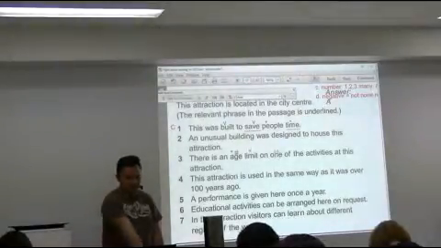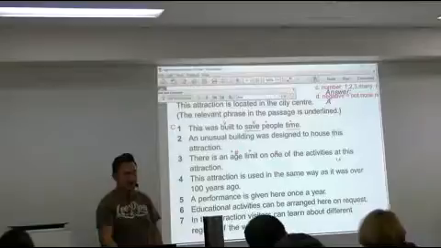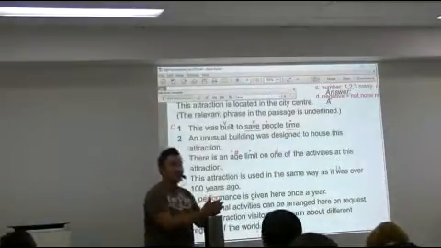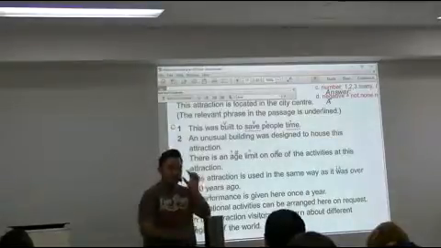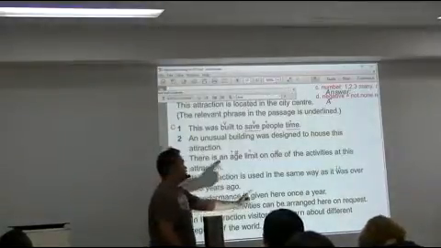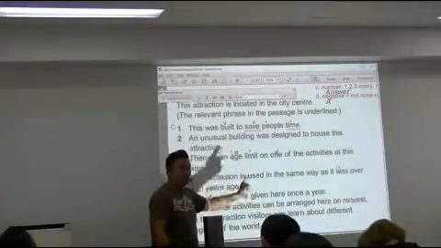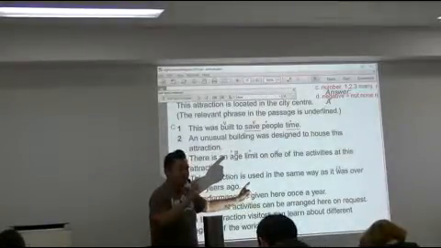One of the activities at this attraction. Now, I'd like you to scan. Can you find any number or word that talks about age? Okay, what are you looking for? Number, age. Ready? Start.